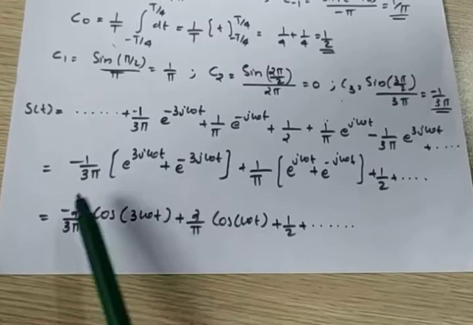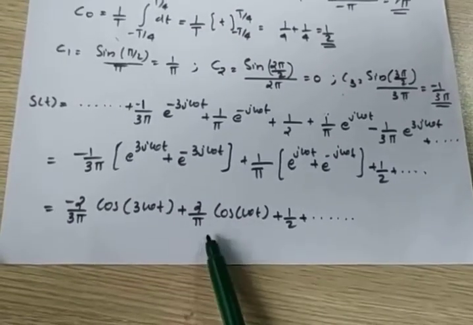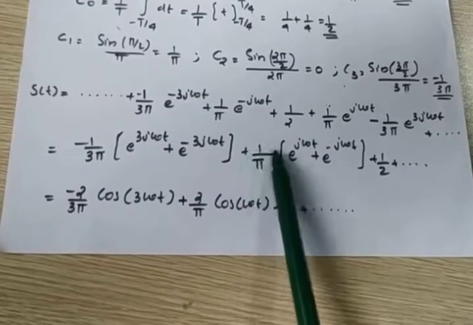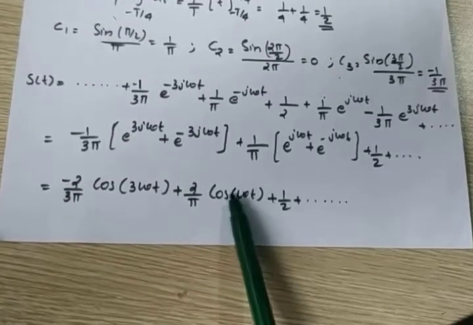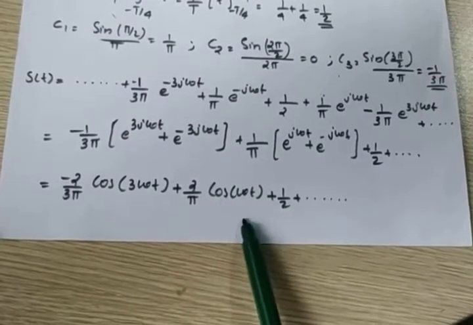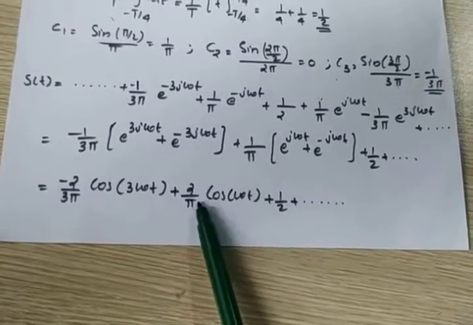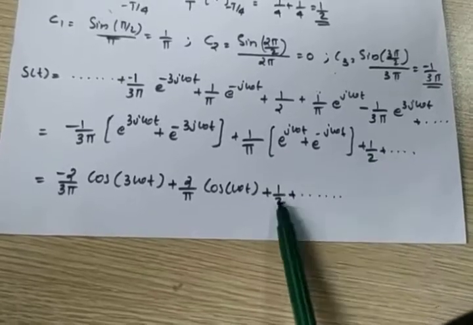The 2 is not here, so we multiply by 2 here to compensate. Similarly here also we need a 2 in the denominator, so we multiply by 2. Because in the cos equation the denominator 2 will cancel out, you will get the original equation like this. So this is 2 by pi cos omega t. Now the 1 by 2 remaining, that you take here.